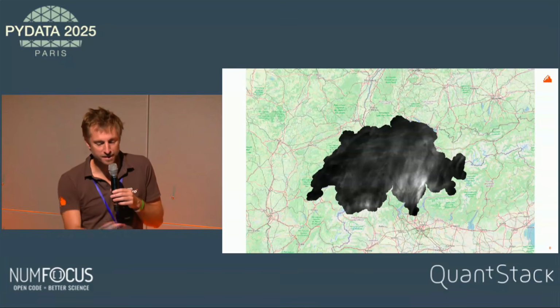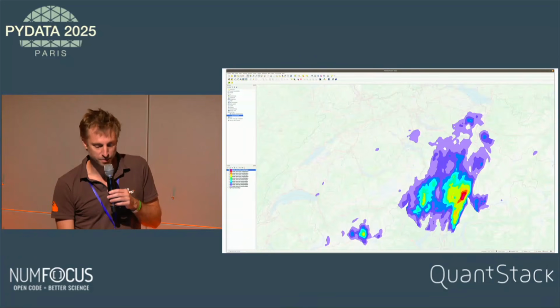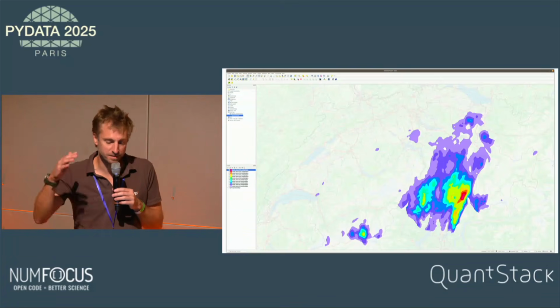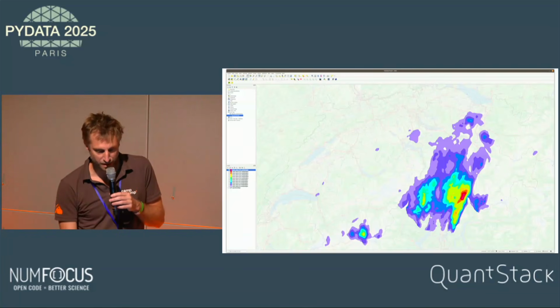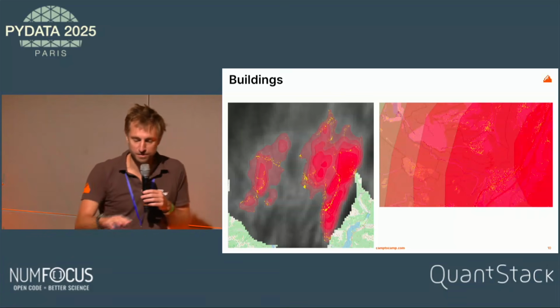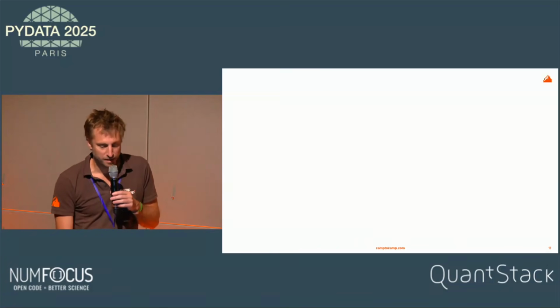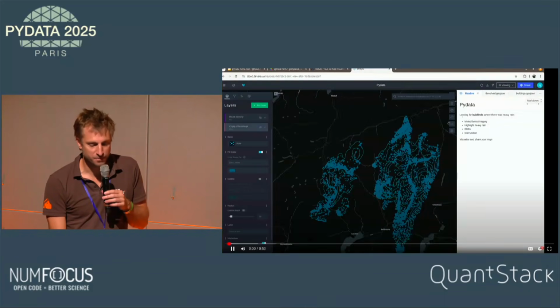Then we loaded the buildings from Overture Maps, and we did an intersection of the buildings and the blobs. So these are, for instance, all the 3 days of rain over Switzerland. Here it's the threshold method. We check over 10 centimeters, over 50 centimeters, etc. And then it's the intersection where we see the buildings, the blobs, etc. And then we can have some visualization tools.